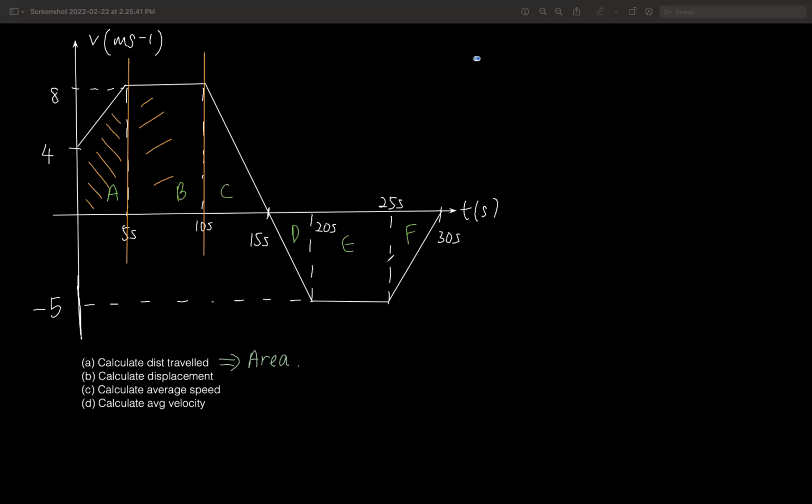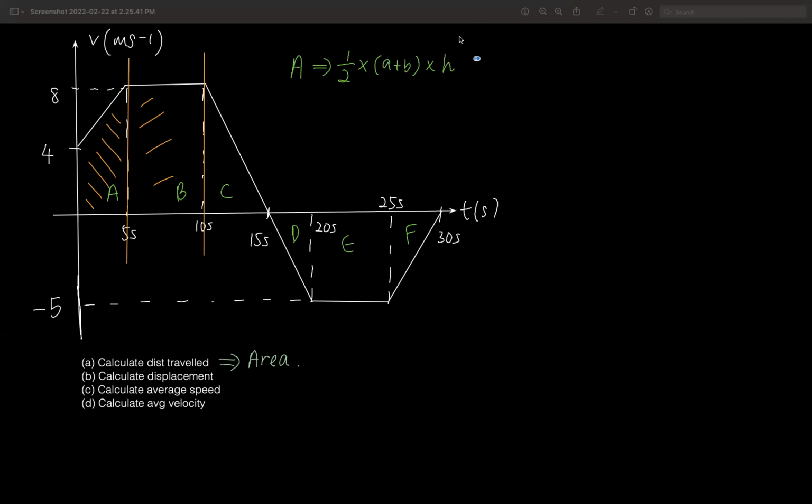And you want to calculate the area of each shape. What is the area of A? Okay, the area of trapezium. Let's say you forgot the area of trapezium, what do you do? You can cut it into smaller pieces. You get a rectangle and you get a triangle. But the area of a trapezium is half times A plus B times the vertical height.